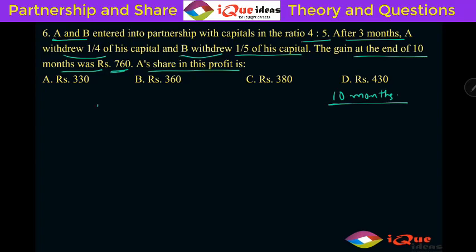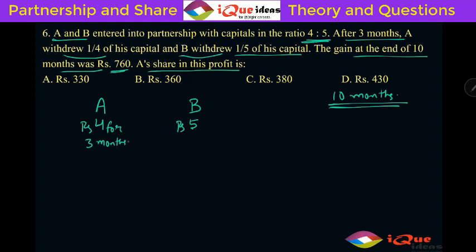Okay. Now let's see. Let me write it A and B. Now let's talk about A first. Ratio is 4:5. So let's take the amount invested by A as 4 rupees only and B as 5 rupees only. But was this investment for the entire period of 10 months? No. For the first 3 months, for A, the investment was 4 rupees. So let's say it is 4 rupees for 3 months.